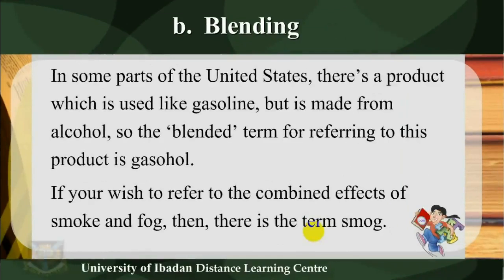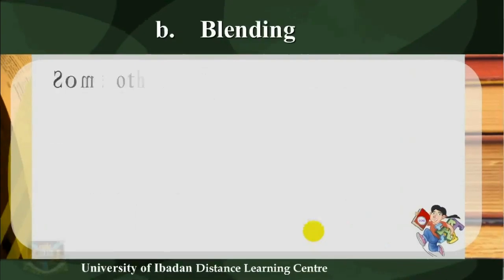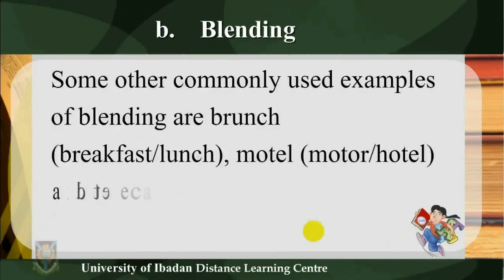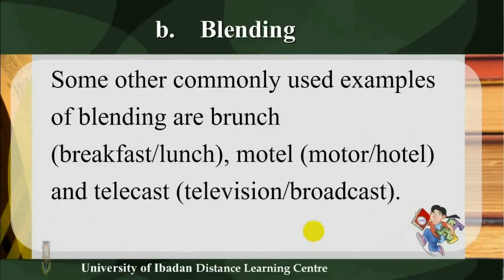If you wish to refer to the combined effects of smoke and fog, then there is the term smog. Some other commonly used examples of blending are brunch, breakfast and lunch; motel, motor and hotel; and telecast, television and broadcast.